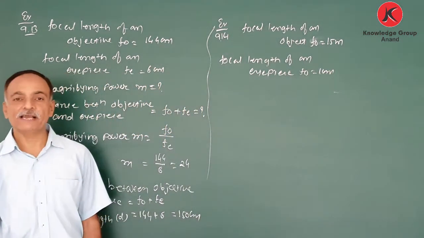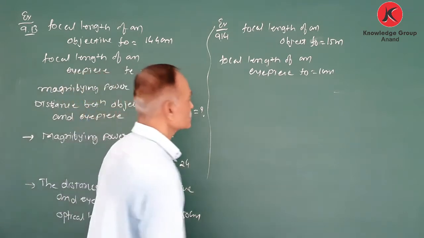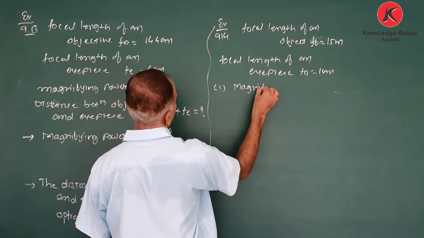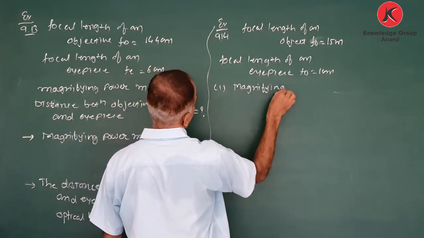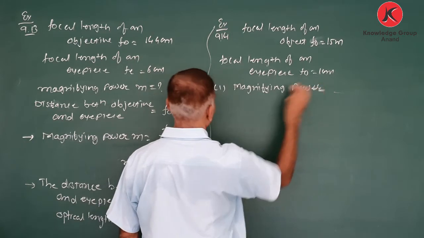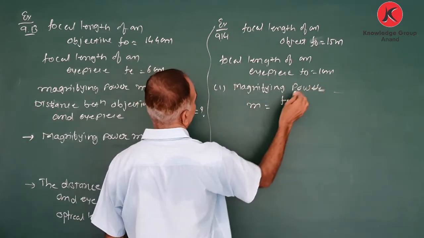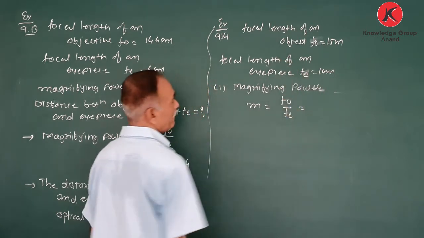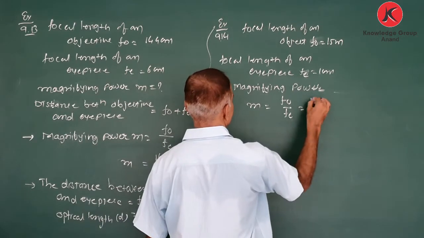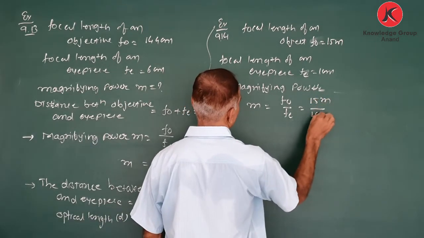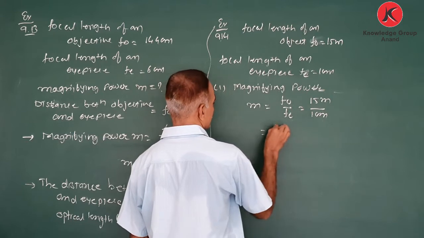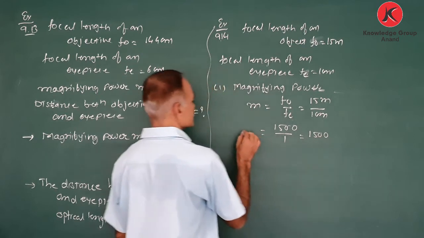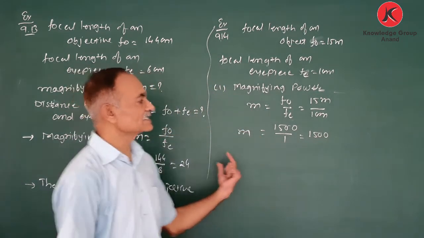What is the magnifying power or the magnification of this telescope? First, we have to calculate magnification. Magnifying power M is equal to FO upon FE. FO 15 meter upon 1 centimeter. Convert the meter into centimeter. So 1500 upon 1. So 1500 times, that is the magnification of this giant telescope.